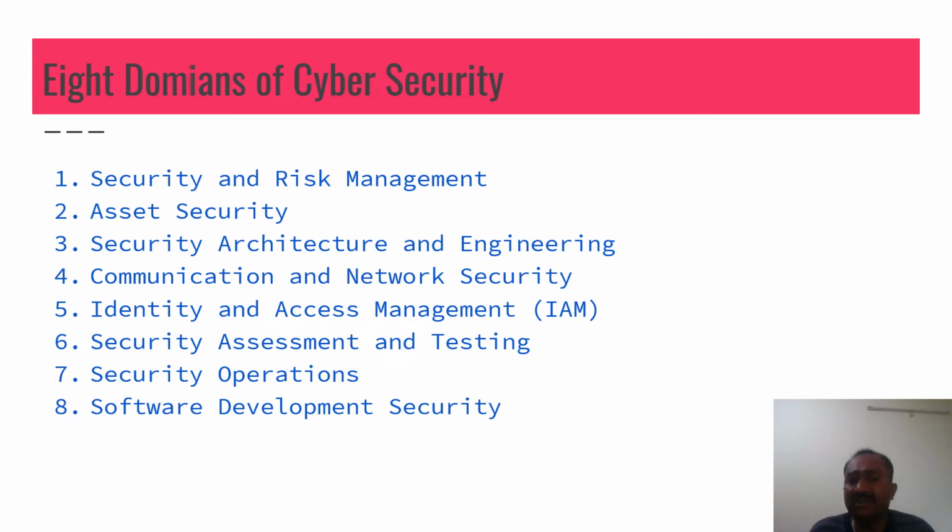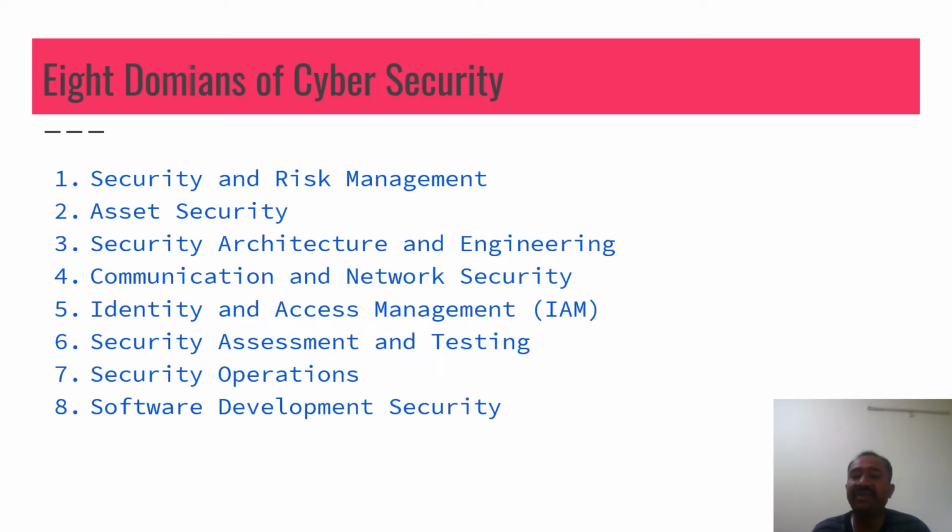There are 8 domains of cybersecurity. So all these 8 domains need to be studied thoroughly to understand the various cybersecurity concepts, which are divided into eight domains. The first domain is called security and risk management. The second domain is asset security. Third domain, the security architecture and engineering. The fourth domain, the communication and network security.